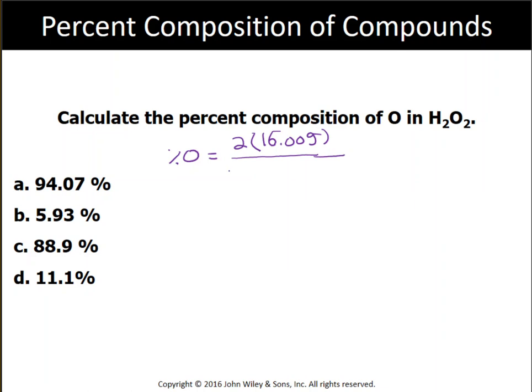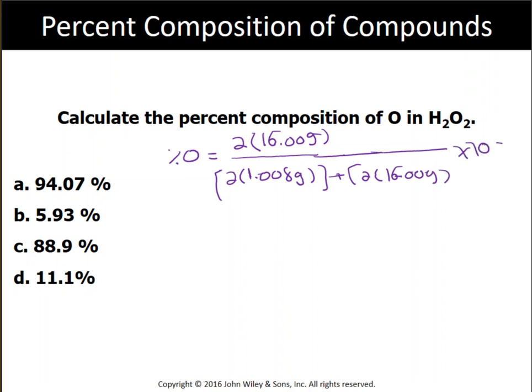So H2O2 is composed of 2 hydrogens plus 2 oxygens times 100. Now percent composition of oxygen in this compound is 94.07%.